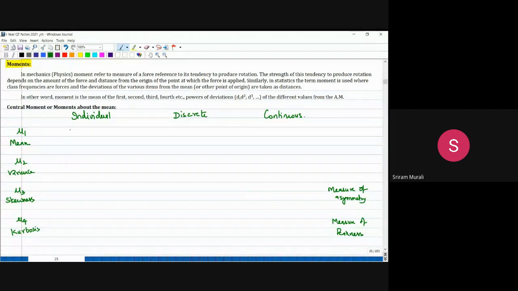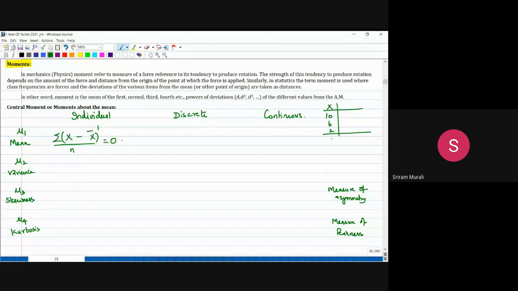Okay, first, what does it mean? You take x, see how x deviates from x bar, find the difference, the deviation, then add and divide by n. This is the first order moment, the first central moment. The first central moment is always zero. Why? You take any example, say 10, 6, 2.